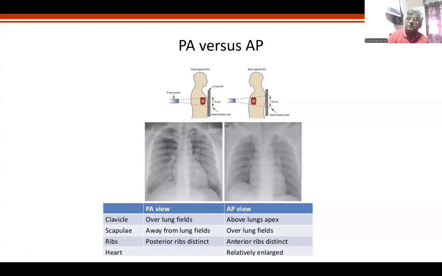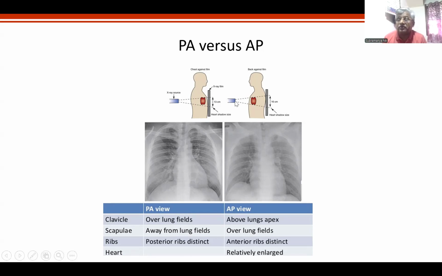Okay, done. The next point that I wanted to tell you is, this is first principle. The size of the heart which is shown in the PA is perfect because X-rays are parallel, whereas the size of the heart which is shown in the AP is magnified.